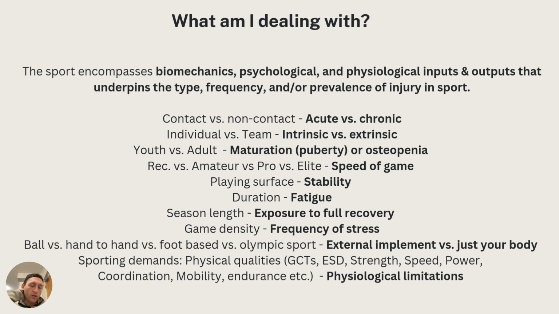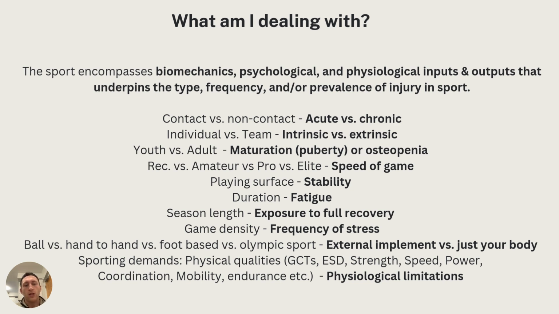The level of play, like we said, the speed of game, the prevalence of high forces, the playing surface, the input of instability or stability, duration, fatigue, season length, exposure to full recovery, game density is going to influence frequency of stress. And then, of course, if we're using an external implement or just our body, and we have to worry about that impact on our body, plus the type of injuries that come with getting slashed by a stick, for example, or getting hit in the face by a puck.